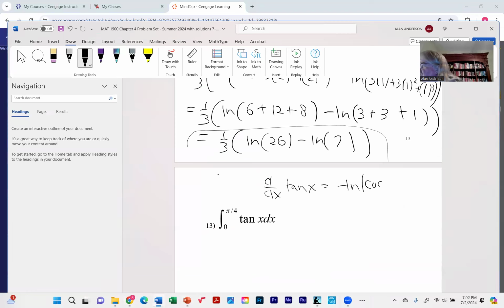In this case, we'll call it cosine x. Oh, wait a minute, what am I doing? The integral of tan x dx. Fix that.